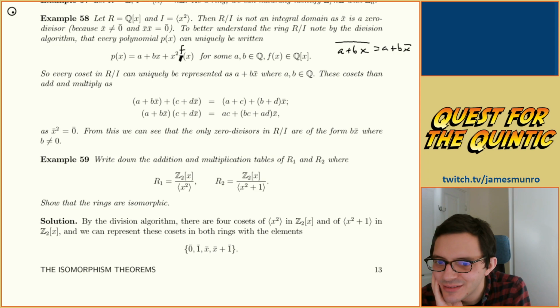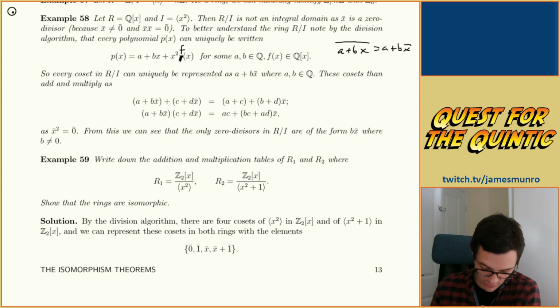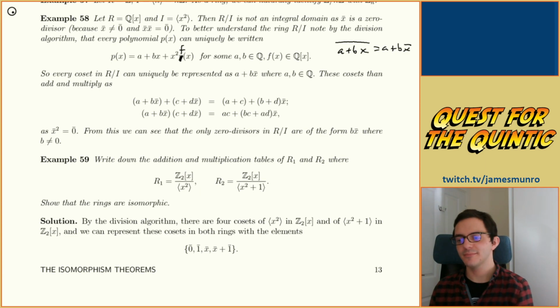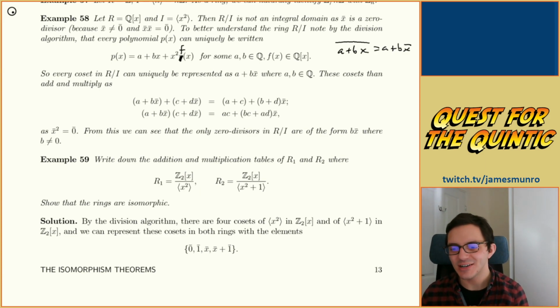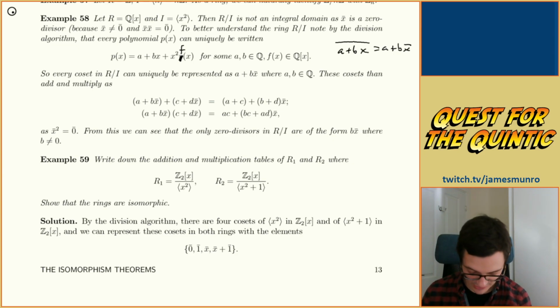Let's get some zero divisors. Okay. So in this case we're quotienting Z2, which I don't want to think about too much. It's sort of slightly weird ideas about what these things are. Z2 doesn't contain that many polynomials because there's not that many things in Z2, right?